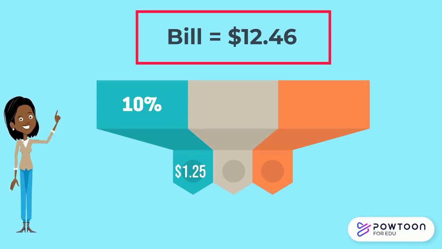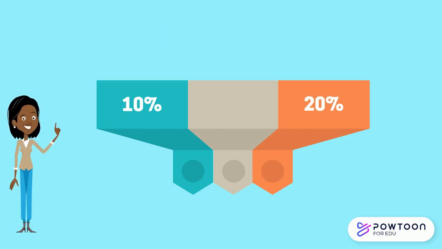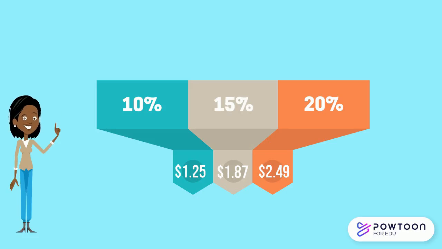And, as we discovered earlier, 20% of $12.46 is $2.49. So if you're unsure of how much you'd like to tip, choose an amount between $1.25 and $2.49, aiming more towards the middle if you'd like to tip 15%.